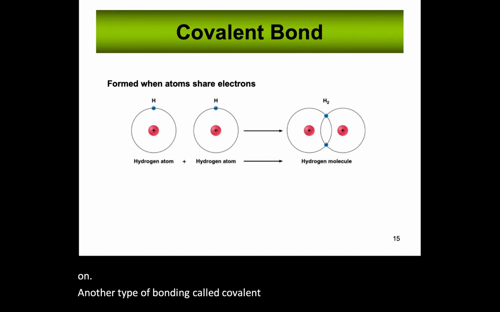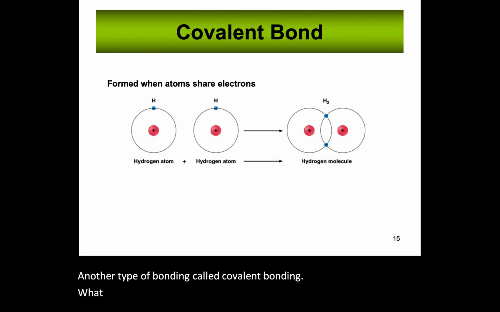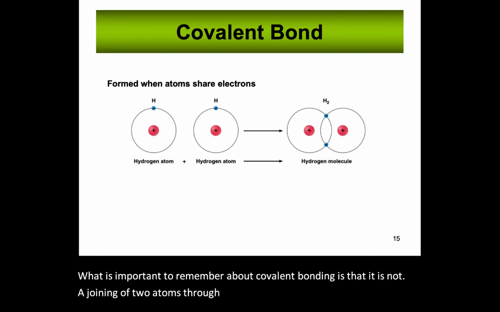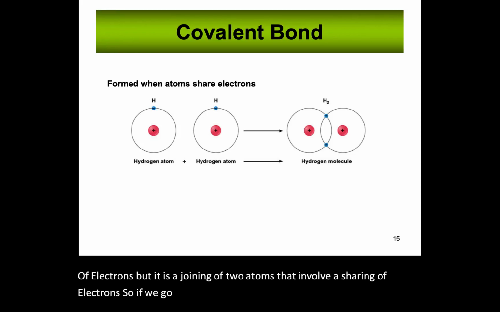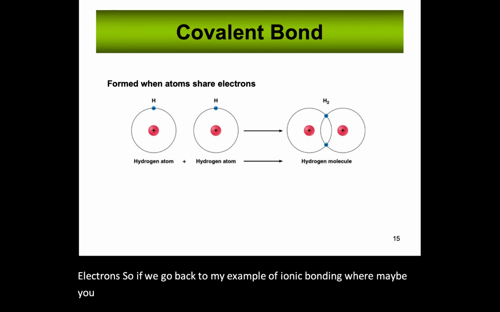What is important to remember about covalent bonding is that it is not a joining of two atoms through a give and take of electrons, but it is a joining of two atoms that involve a sharing of electrons. So if we go back to my example of ionic bonding, where maybe your pen runs out of ink, and you raise your hand and you go, "Hey, Young, I need to borrow a pen."